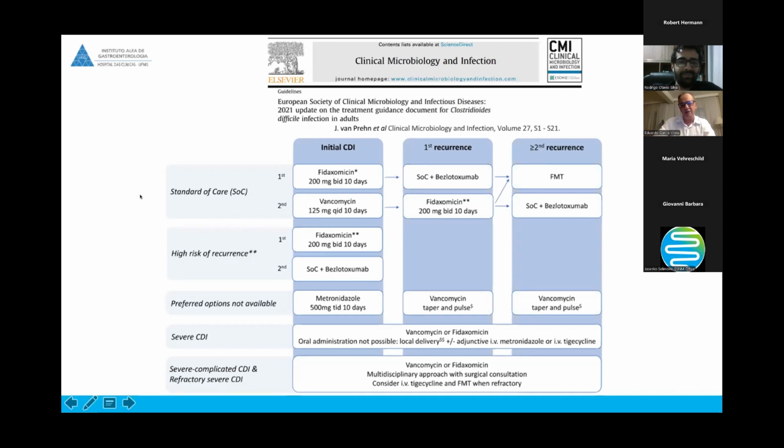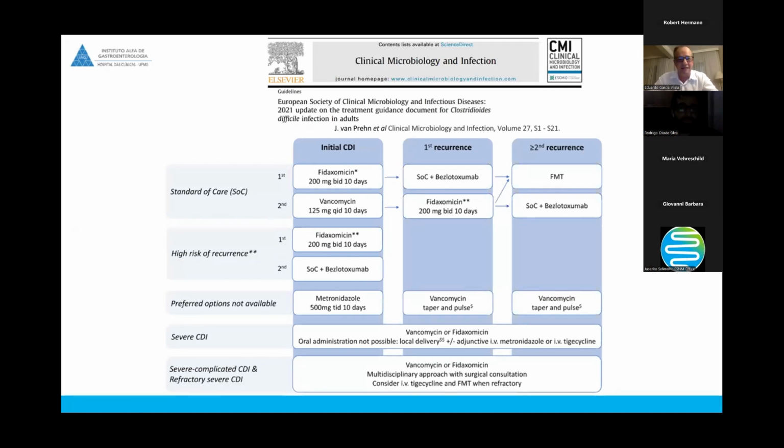We have a particularity here when we treat high-risk recurrent patients. It's advisable to use fidaxomicin, but as I said, we have to prescribe metronidazole. And in this case, we extend the treatment for 4 days or until the patient stops using antibiotic.